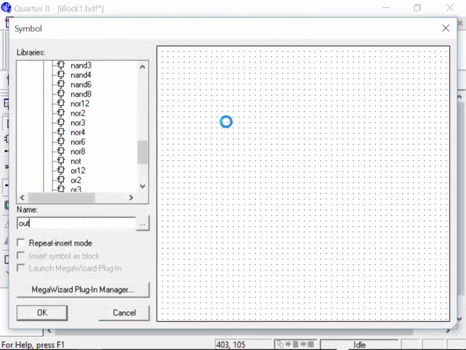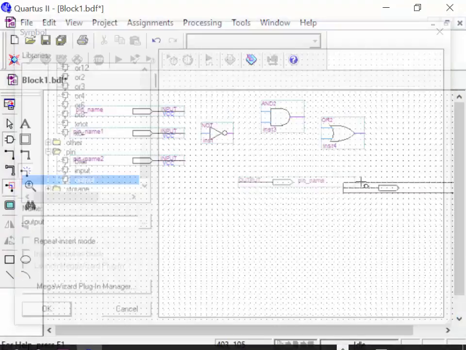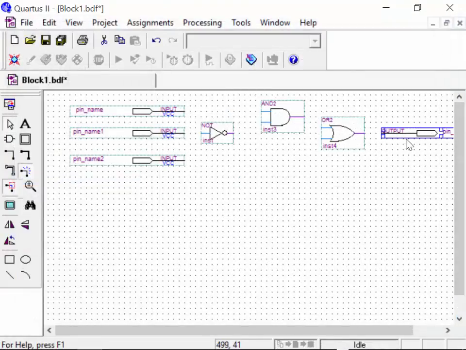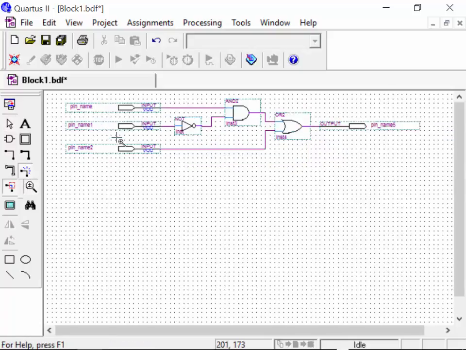And then I have an output right here. So I'm going to connect everything up. Later on in the lab, you'll get an opportunity to use this software. Okay. So there's our circuit, right?